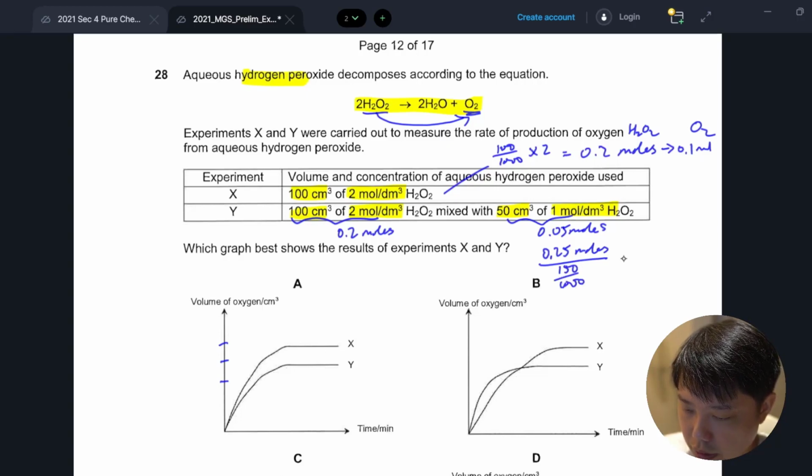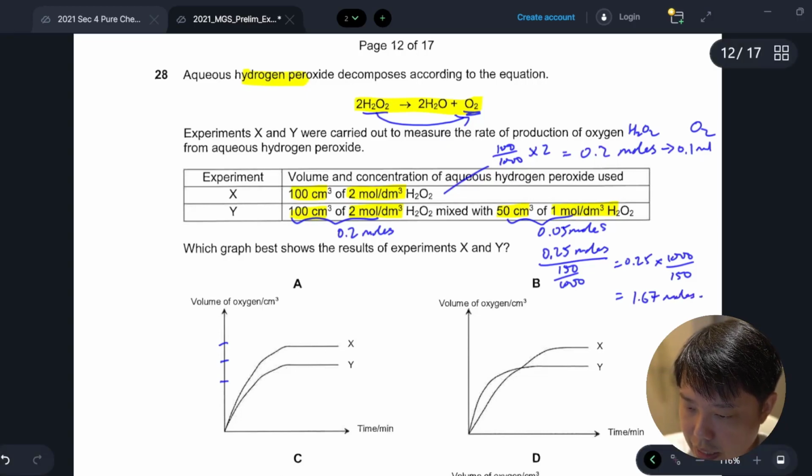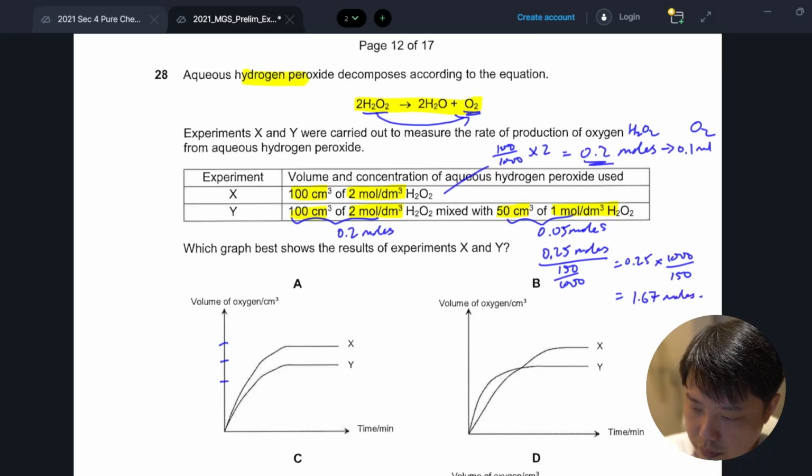So basically it is 0.25 multiplied by 1000 over 150. That is about, if I'm not wrong, 1.67 moles, which is less than the 0.2.